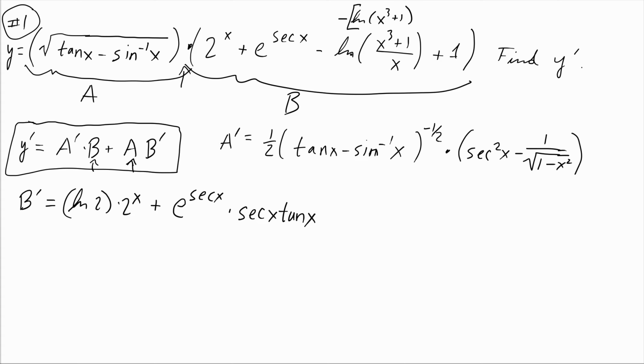This natural log is the natural log of the top minus the natural log of the bottom, because across a fraction, exponents subtract. It's a logarithmic property: the natural log of the top minus the logarithm of the bottom. So log of x cubed plus 1 minus the natural log of x.